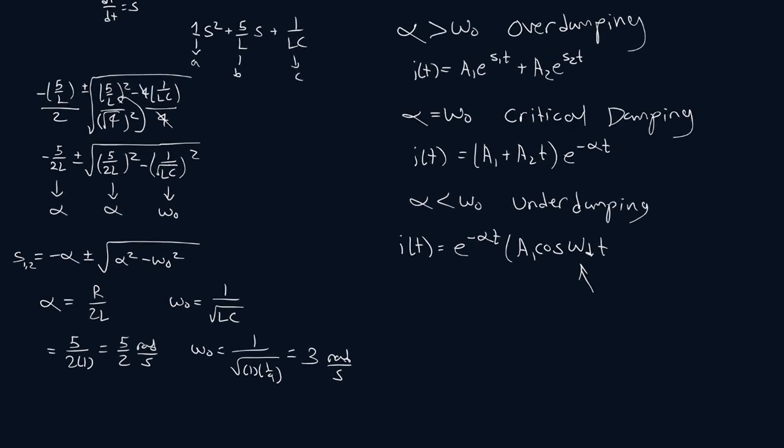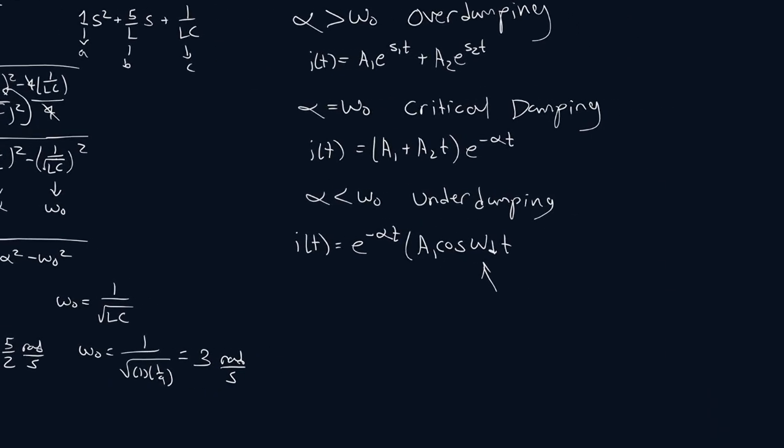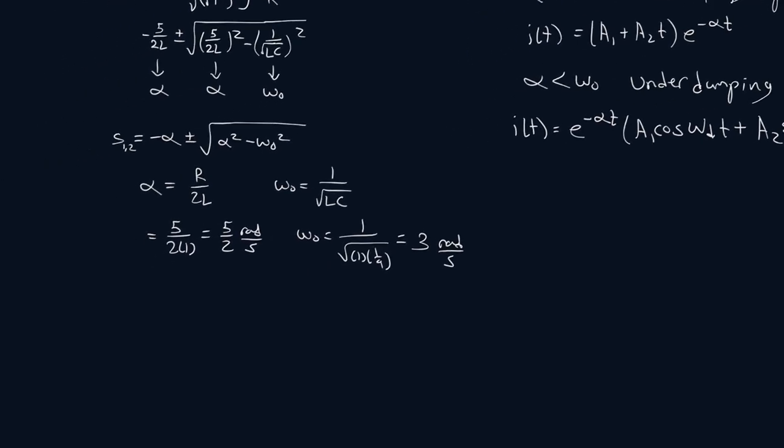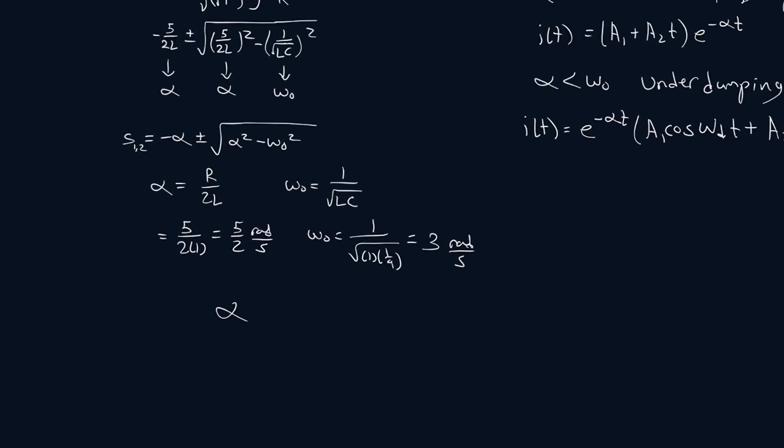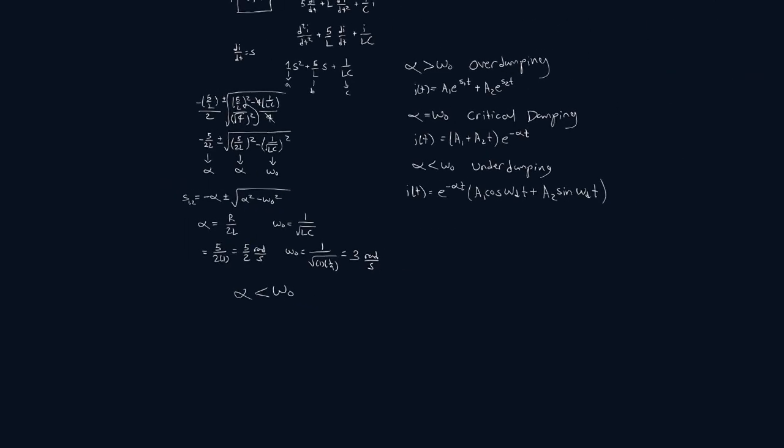Whatever is being multiplied by your imaginary number, that's your wd value, plus A2 sin(wd t). Okay? Now, for our case, we see alpha is less than omega, so we're going to be using this one.